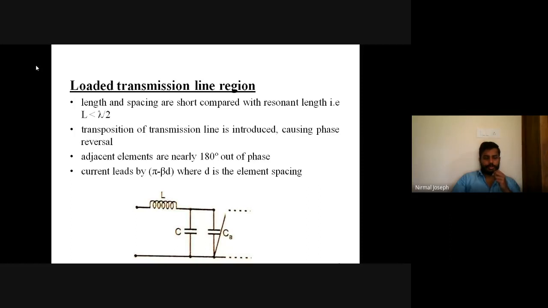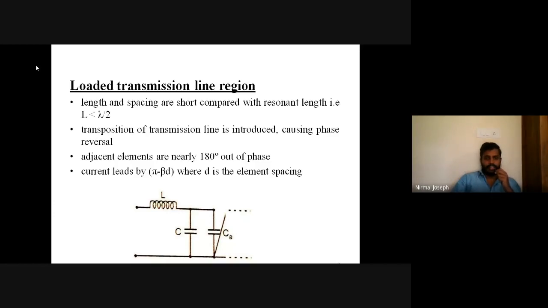That means transpose. This transpose is causing a phase reversal. So phase reversal means what? Phase will be reversed. In first case, unloaded transmission line region, the phase was just 90 degree as in the case of general capacitive networks.